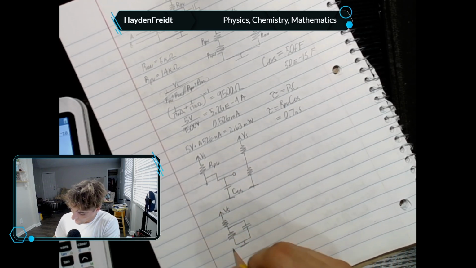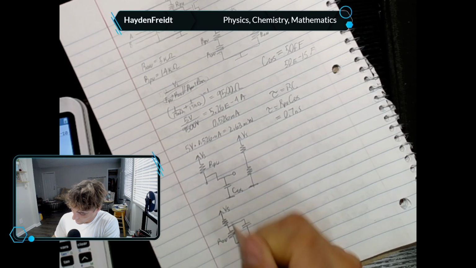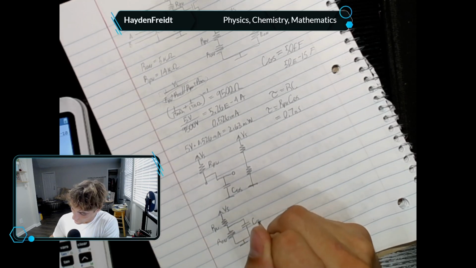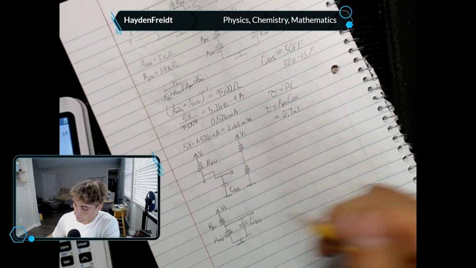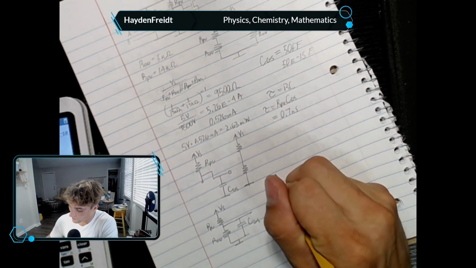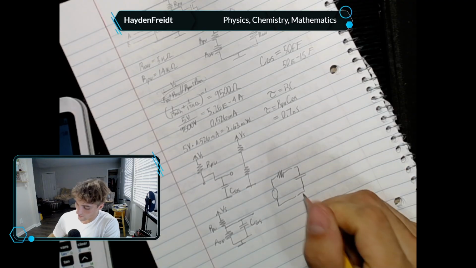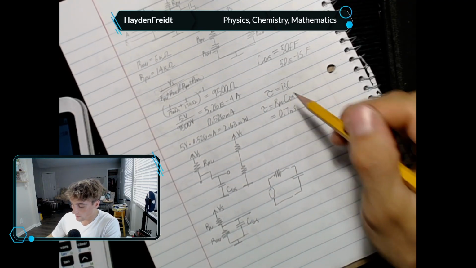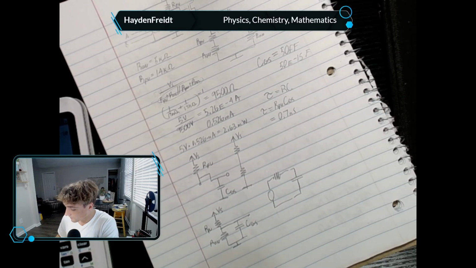That's going to look like this. This is R on. This is RPU, our pull-up resistor. This is our gate to source capacitance. Now we want the Thevenin equivalent resistance, to model this as a resistor in series with a capacitor, which gives us our direct relationship to the time constant.